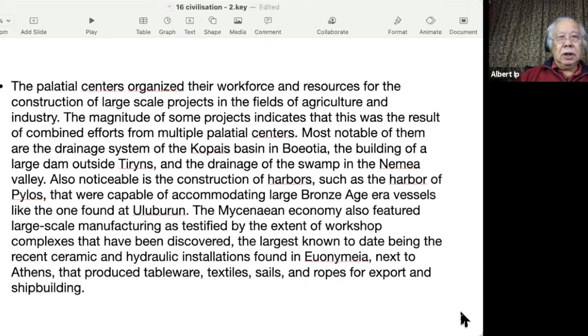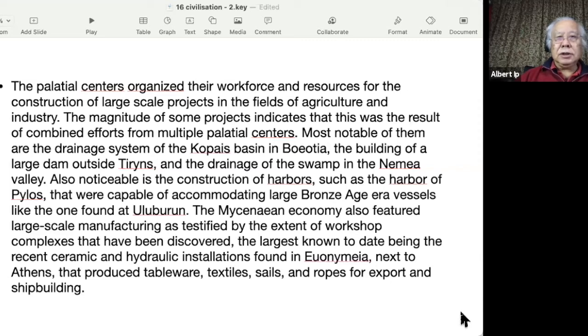The palace organized their workforce and resources for the construction of large-scale projects in field agriculture and industry. Again, the value of this centralized government, or centralization of power, is the ability to construct large-scale projects.